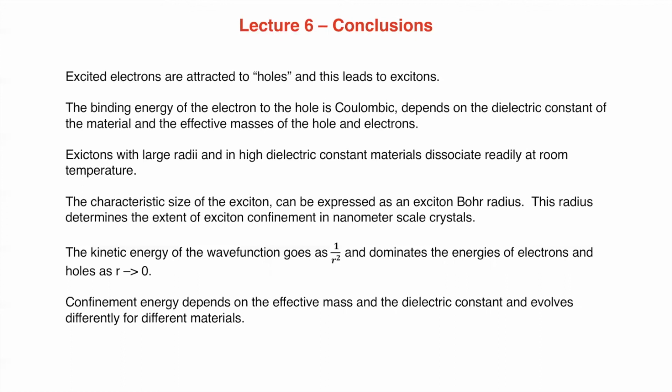Most inorganic semiconductors fit this description. The size of that exciton can be described by an exciton Bohr radius. And that Bohr radius is very helpful when thinking about confinement. The dimensions of the crystal need to get down to that radius or slightly larger than it before you're going to start seeing any quantum confinement, and different materials will have different responses as a result.